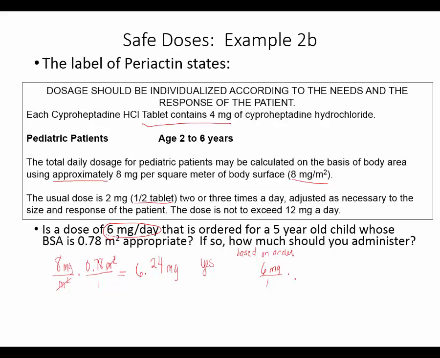Next, I see that the strength of the med is 4 milligrams in a tablet, and milligrams then cancels. Calculating this on my calculator, 6 divided by 4 gives me 1.5, and that is now tablets. I didn't write the word day here, but that is truly the timing of the doctor's order, and so this child should be given 1.5 tablets per day.